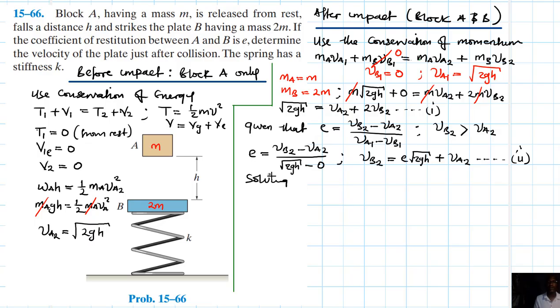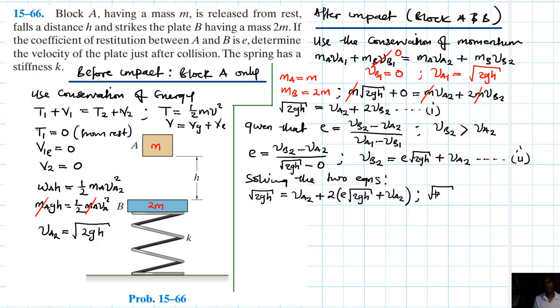So solving the two equations, we'll have square root of 2gh equal to v_A2 plus 2 v_B2, and v_B2 equal to e square root of 2gh plus v_A2.